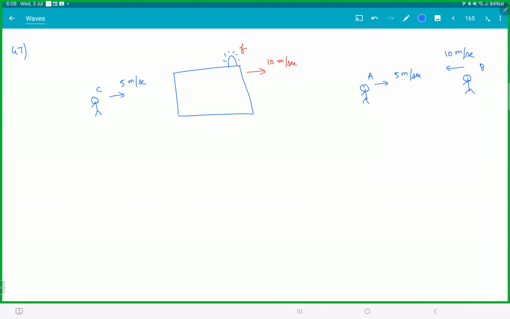No need to solve. Just write that plus or minus VC and so on. Put the signs, plus sign, minus sign. If you got this, that is sufficient. Let's do one thing. Let's say this one goes backward with 5 meters per second. And there is one more person who's sitting inside the bus, chilling out, D. D is sitting in the bus.